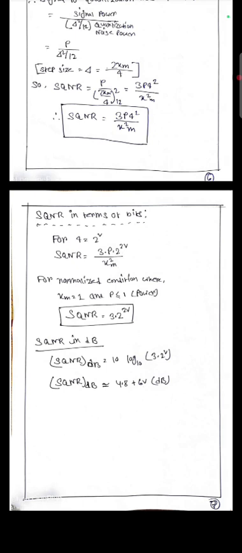And at last, SQNR in dB is equal to 10 log 10 of 3 P times 2 to the power 2v, which simplifies to 4.8 plus 6v.